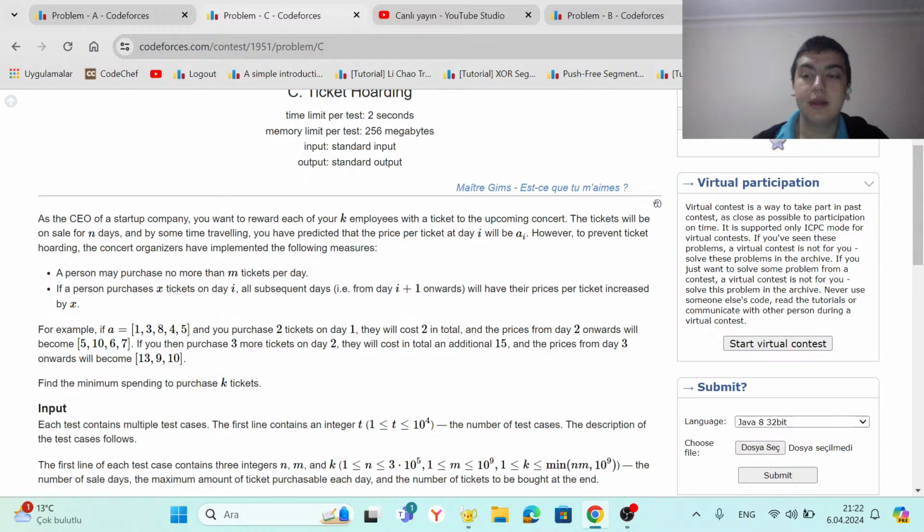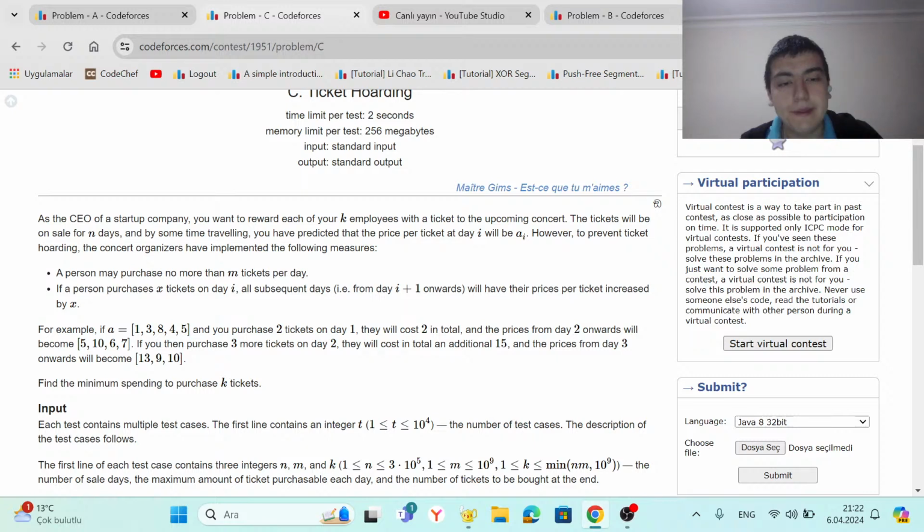Let's say the array is here. You have purchased 2 tickets on day 1, so it costs 2 because 2 multiplied by 1 is equal to 2. You have bought 2 tickets, so the total cost will be 2.